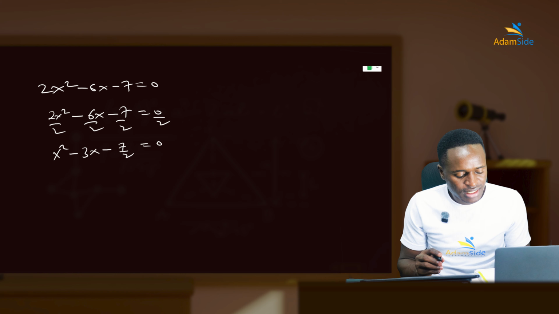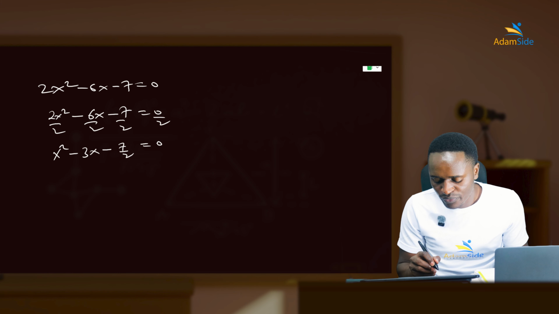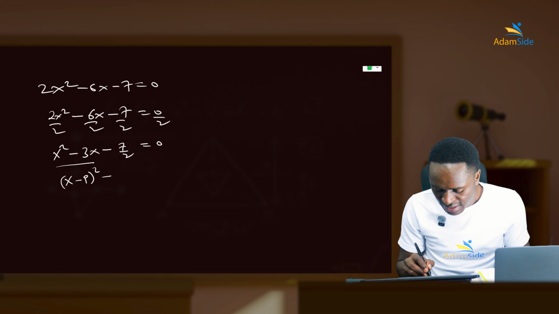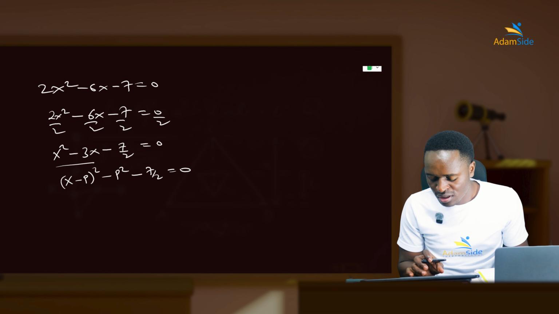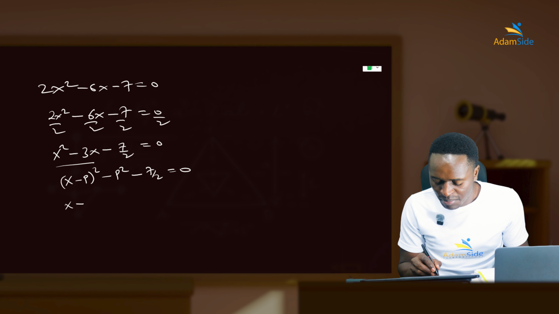Then the next thing you're supposed to do, remember, these two have to generate x minus p squared minus p squared, and then minus 7 over 2 is equal to 0. This is what will help us to solve. And x minus p will be x minus, remember, our b is negative 3, so negative 3 divided by 2.